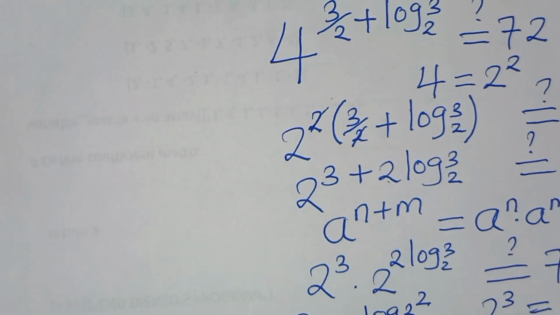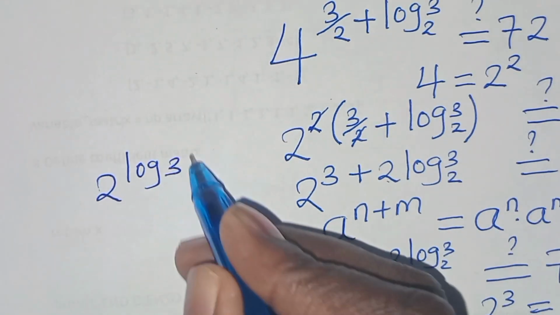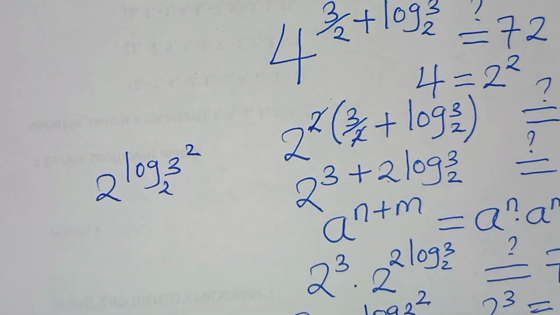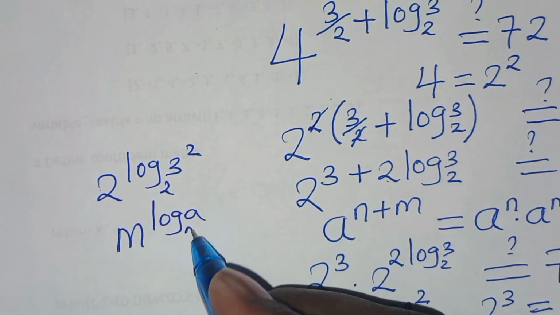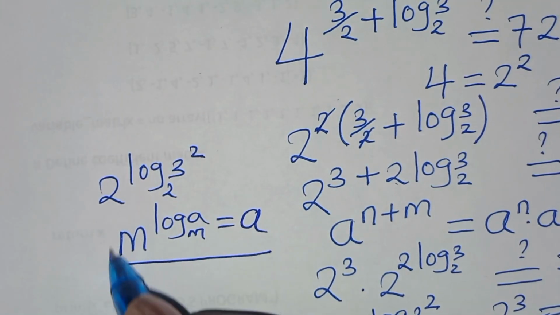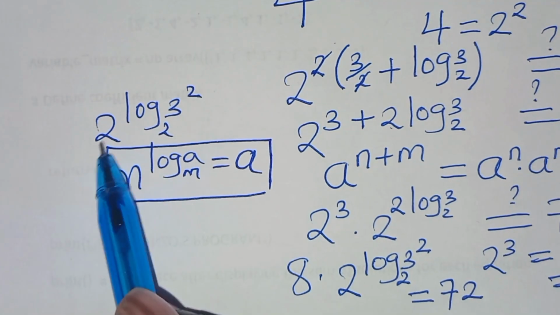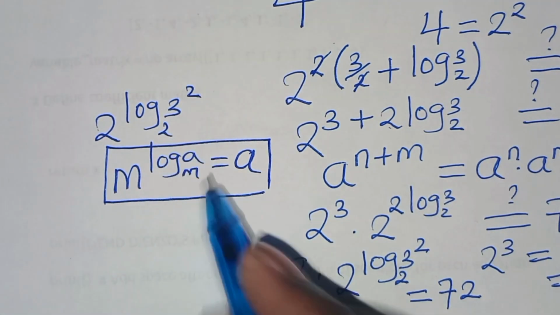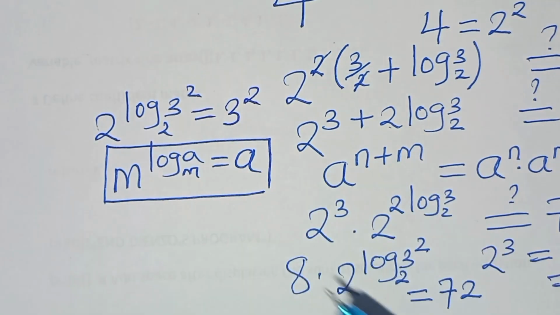So 2 to power log 3 squared to base 2 is in the form of m to power log a to base m, which is supposed to give us a value of a. Applying this property, 2 to power log 3 squared to base 2 is the same thing as 3 squared.